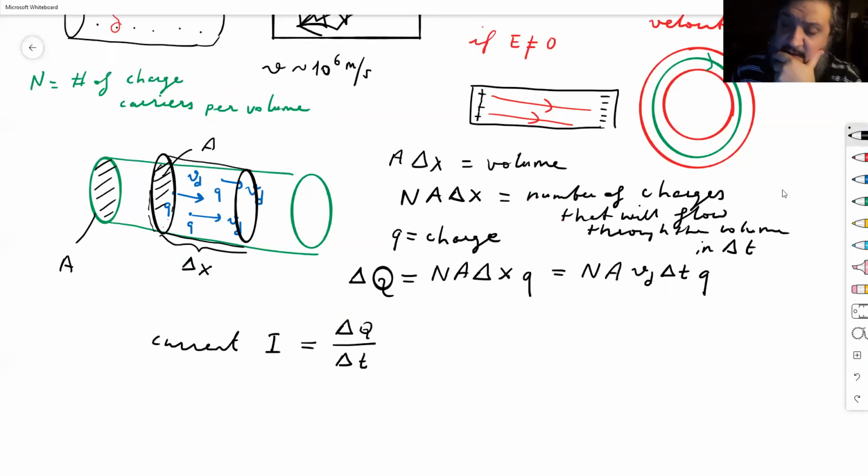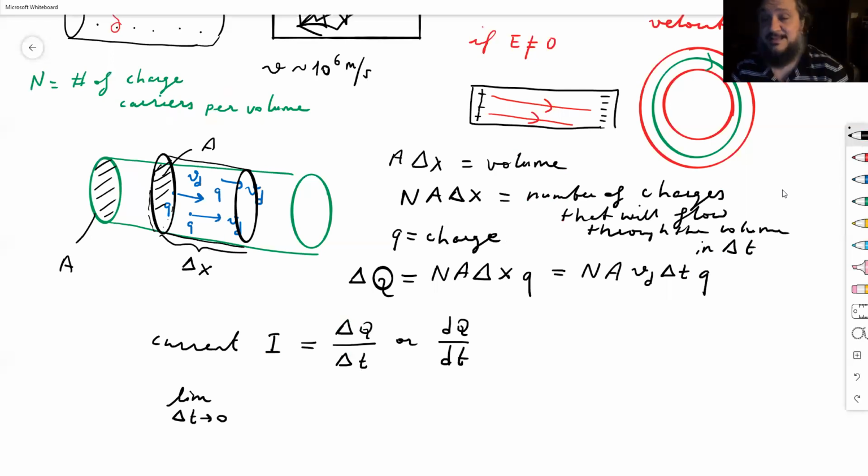Or if you think about an infinitesimally small time increment, we're talking about derivatives, or dq by dt. Especially if the electric field is changing, then v will change, right? Therefore, you will have a change in current. So this will be the instantaneous rate of change.